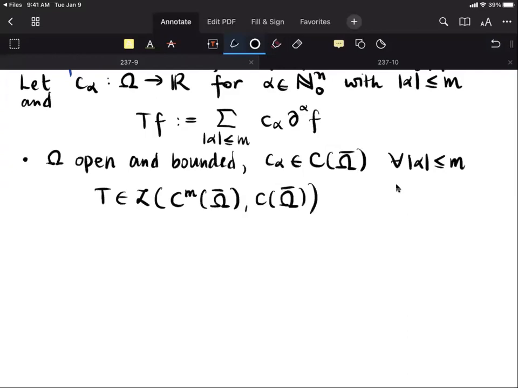Of course, it is clear that T is linear. For boundedness, you apply the definition of the norms in Cm and C, and you will recognize that indeed T is bounded.